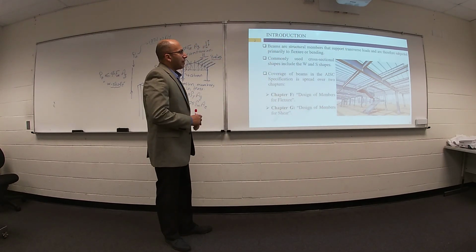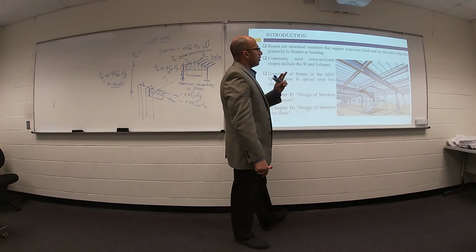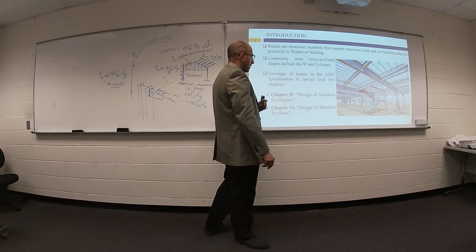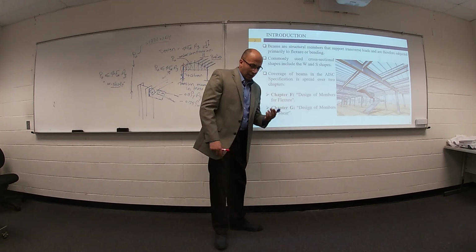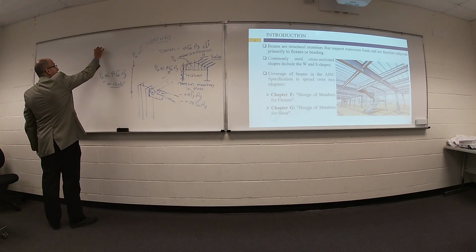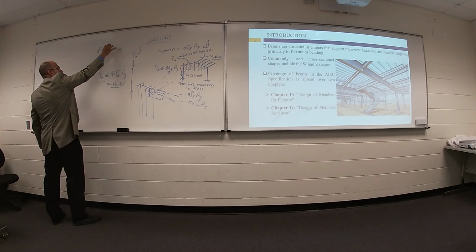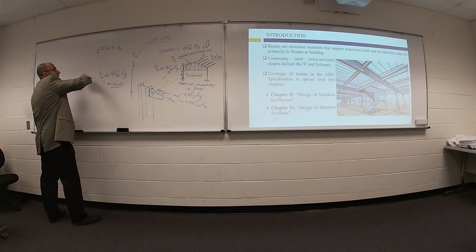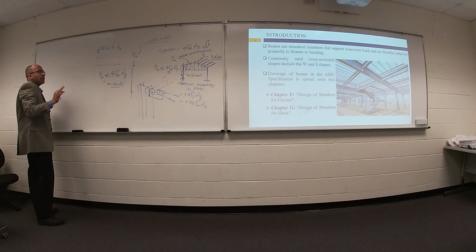If you are talking about design of beams, we have two things we need to consider. The first one, flexure. The second one, shear. Go back to structure analysis. Do you remember chapter of beams? If you have applied load. Do you remember? We have two main diagrams we need to draw.